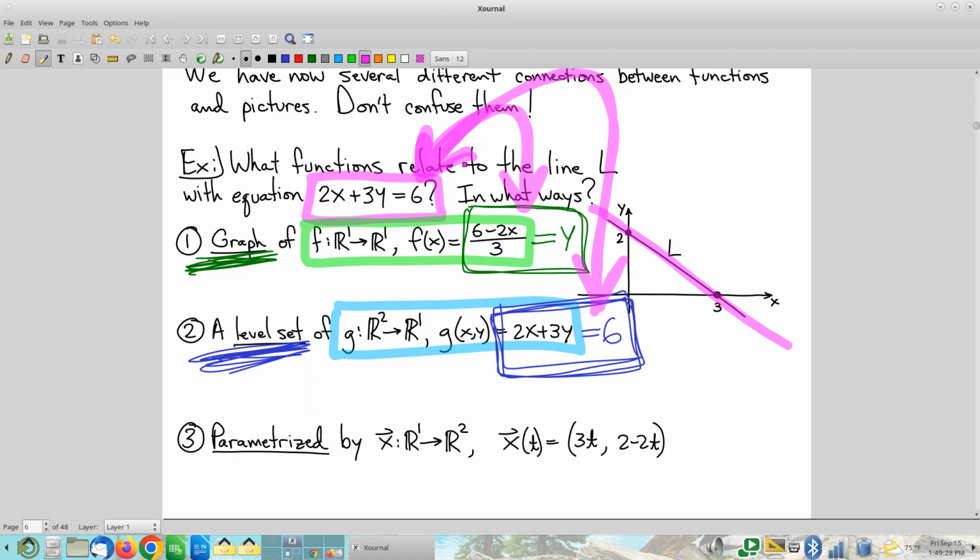Likewise, we're going to have a calculus of level sets. We'll be able to interpret calculus objects in the context of pictures that are level sets. So if you want to apply the calculus of level sets to learn something about this line, you'd better use this blue function, because this blue function is the one for which a level set is my original line.